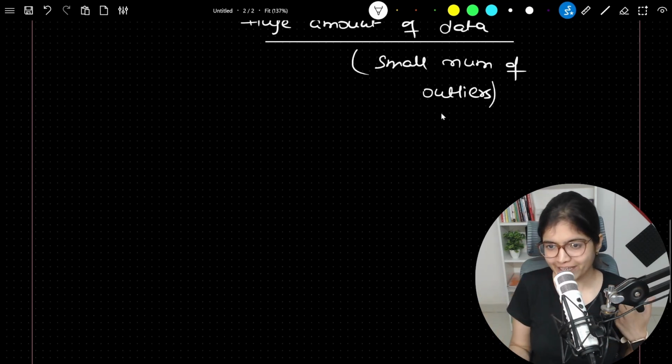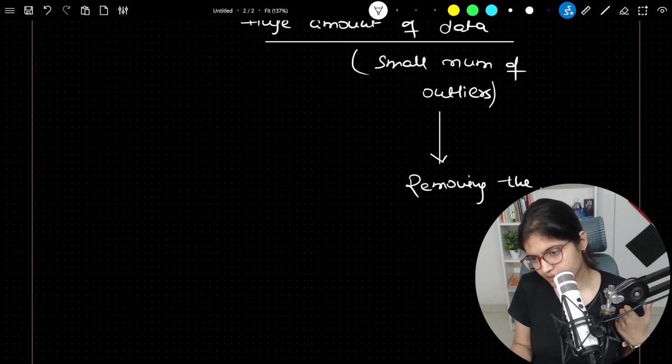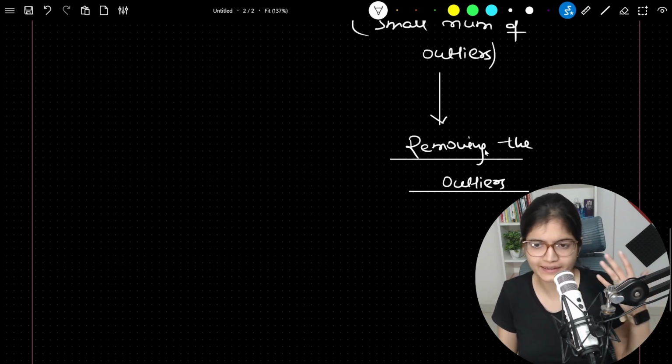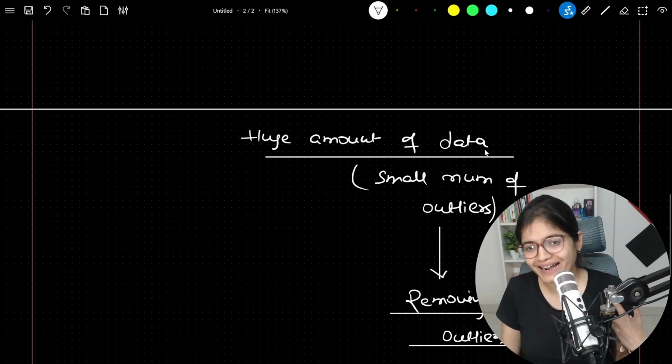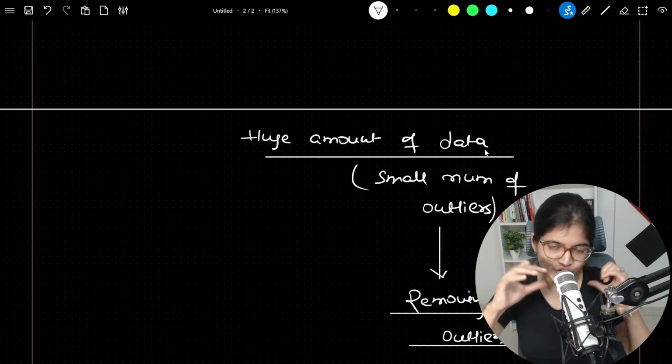In that case, if you're directly removing the outliers, it's completely fine. It makes sense to remove them directly. It won't impact much because the proportion of outliers is very, very small.